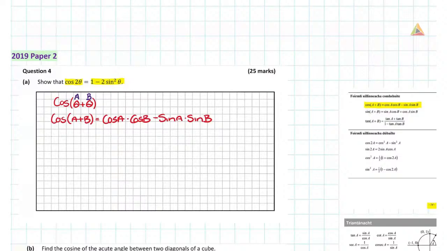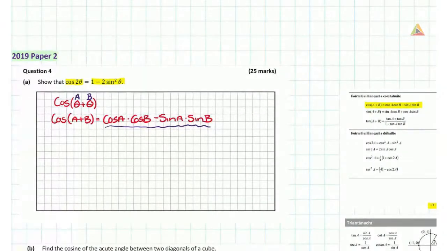Okay, so I'm going to sub in here, but my A is theta and my B is theta. So what I end up getting is cos of theta times cos of theta minus sine of theta times sine of theta. So I'm using my compound angle formula to rewrite the left-hand side as that.